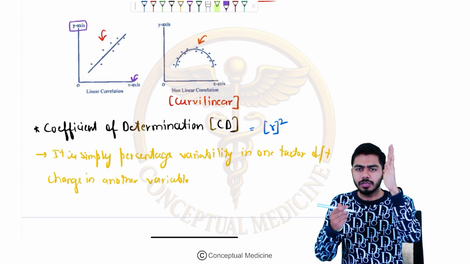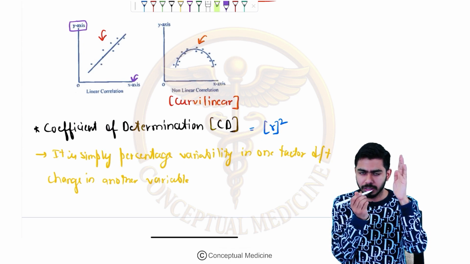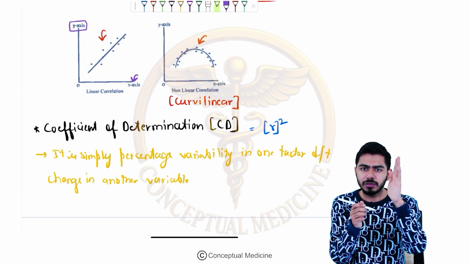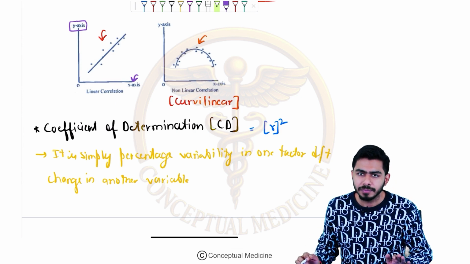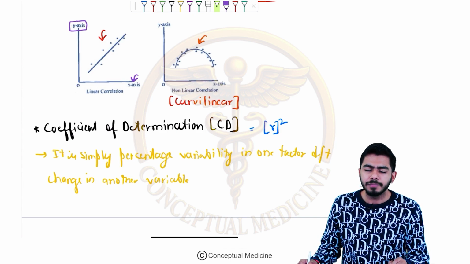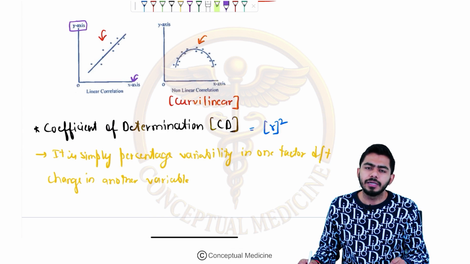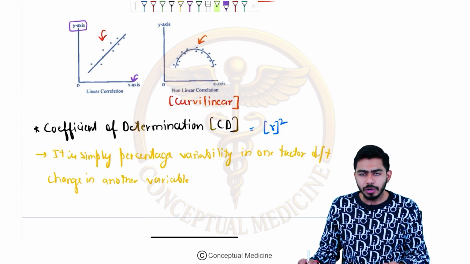So there is the x-axis, this is the y-axis. If some change is happening in the x-axis, what could be the change which can be anticipated in the y-axis? That is the coefficient of determination, right? And it is calculated by r into r or r square, that means correlation coefficient square. So that was about the correlation.